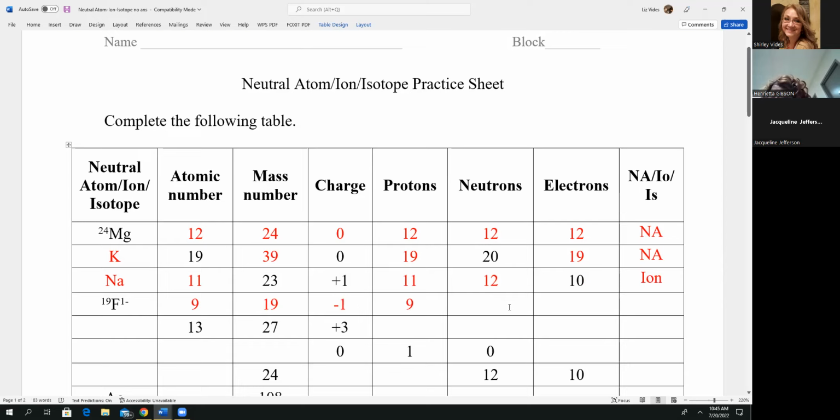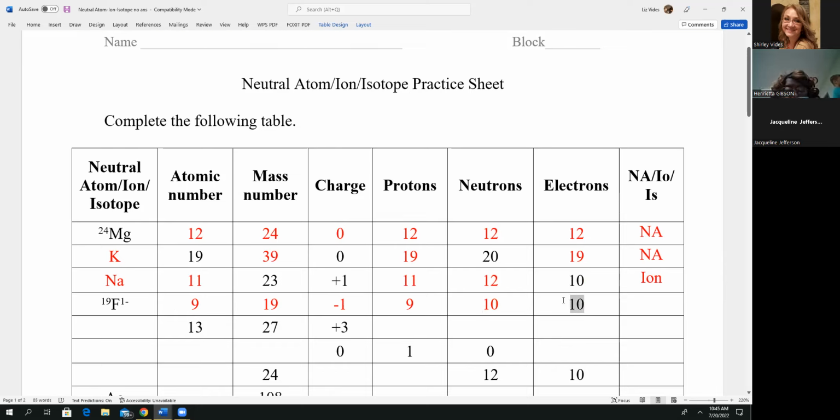Which means the next thing to do is to figure out how many neutrons we have. Remember, we have to take the mass subtracted from the protons, that gives us 10, right? We have 10 neutrons. How many electrons do we have? Well, we have an extra electron from the 9 that we used to have, right? So we have 10.